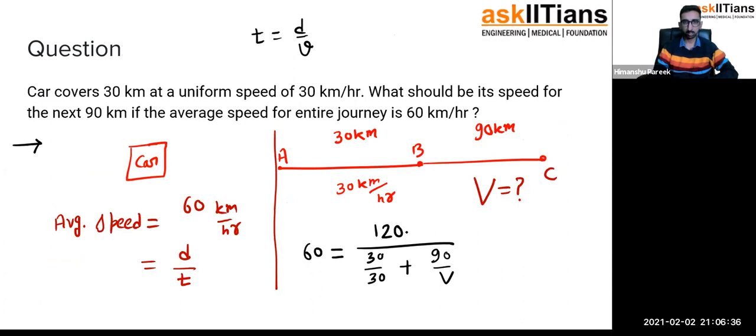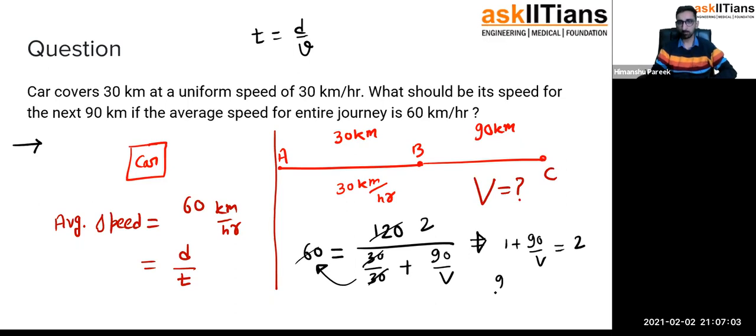So 60 is the average speed, and this will get cancelled out 2 times. This will get cancelled out, 130, 1 is a 30. So now how we can write this? I'm doing cross multiplication of this. So I can write 1 plus 90 by V is equal to 2, the cross multiplication. And this side will become 2.